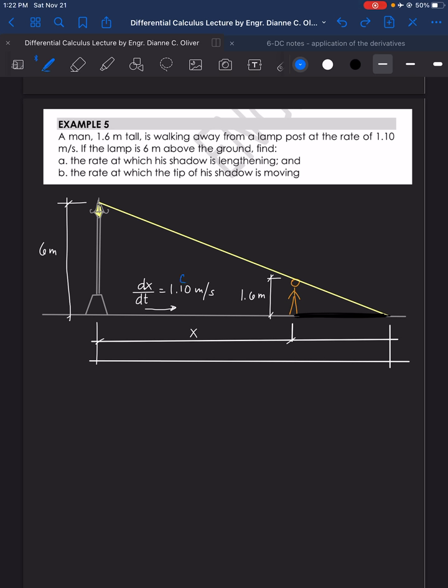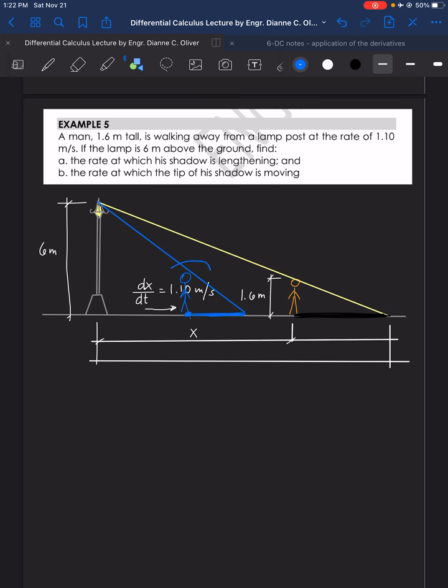So if the person is standing here, the shadow is generated from where he is standing to where the tip of his shadow is. So that's the length of his shadow.